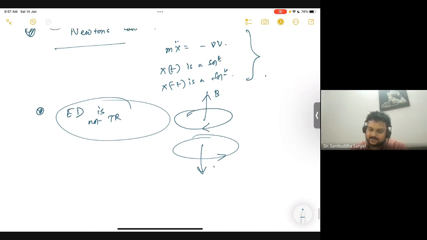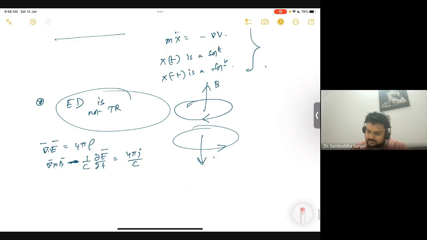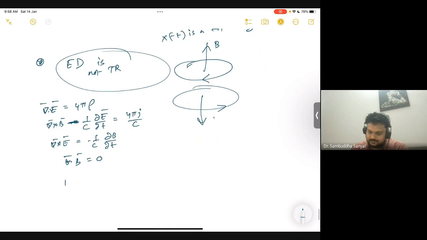So what's the consequence of that? The consequence to Maxwell's laws is the following. So this is my Maxwell's law, in CGS units, and the Lorentz law.